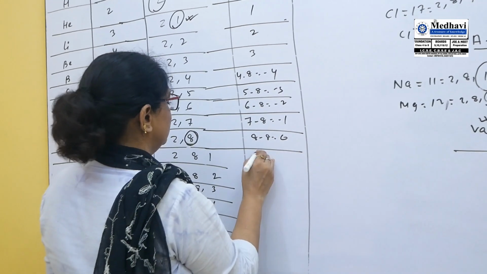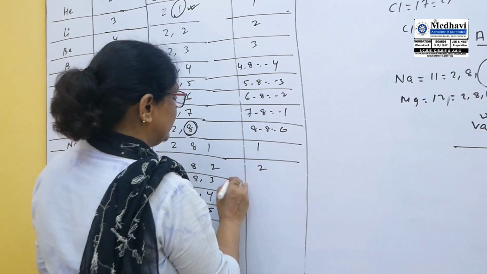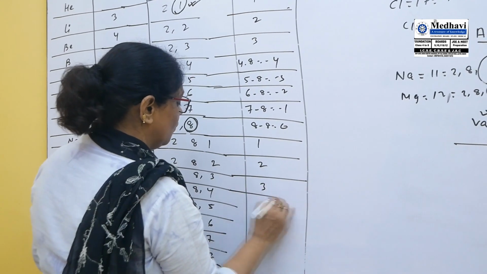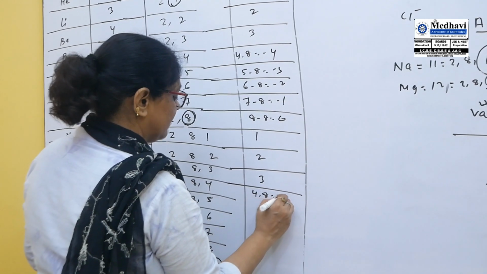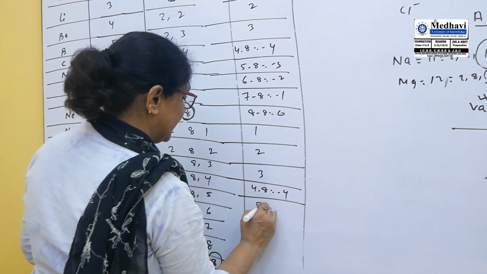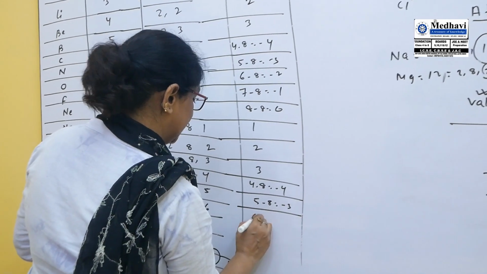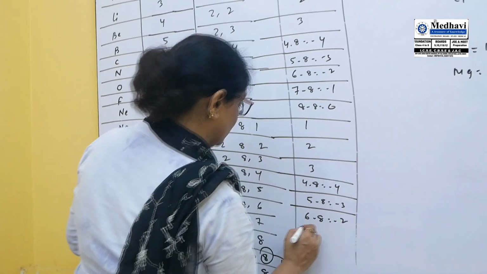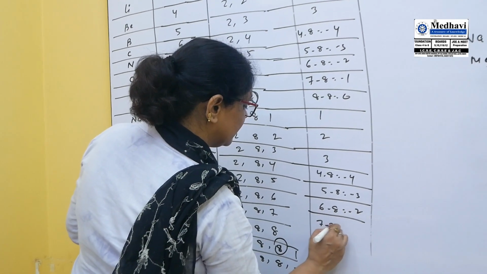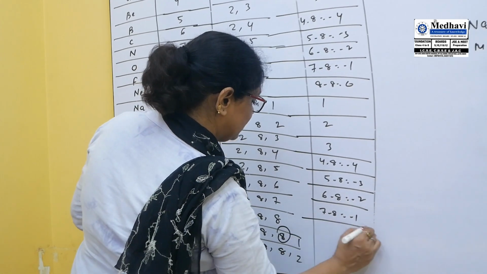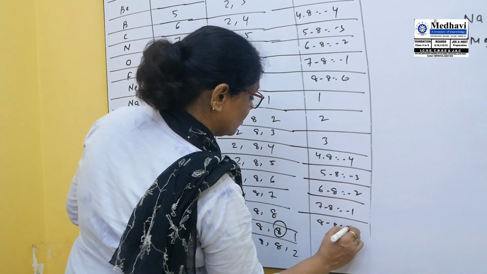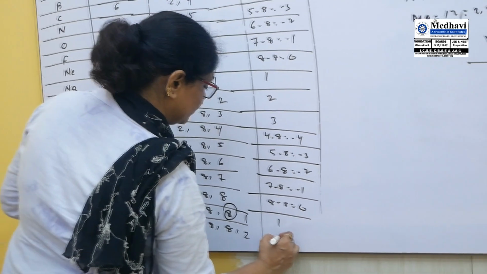Again here 1, 2, 3, no change. 4 minus 8, it is minus 4. 5 minus 8, it is minus 3. 6 minus 8, it is minus 2. 7 minus 8, it is minus 1. 8 minus 8, it is 0. Again 1, again 2.